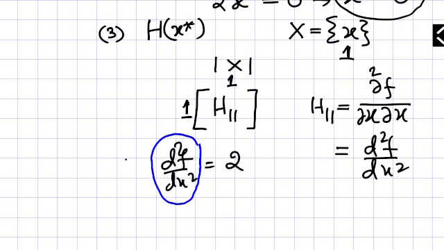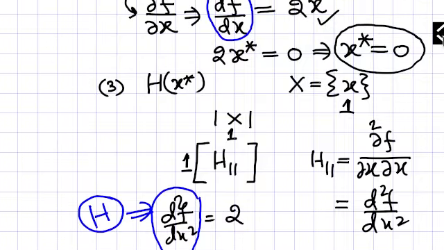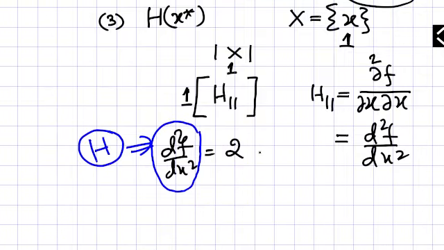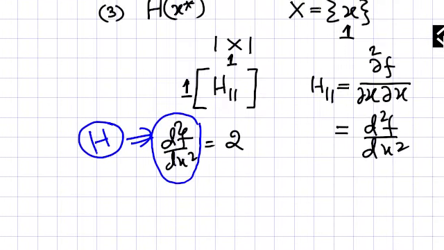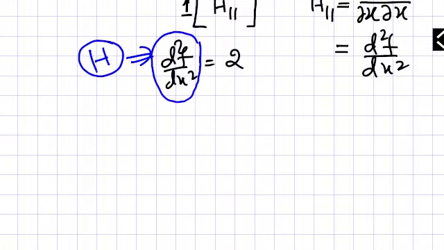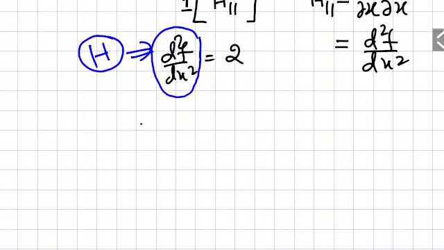Here we call it the Hessian matrix, because you will see that there will be many more variables in the function, and for that purpose you have to double differentiate the function with respect to each variable. Then you will find the matrix there, because you will have many elements in that. Anyway, the concept I want to tell you here is that the Hessian matrix is nothing but the double differentiation.